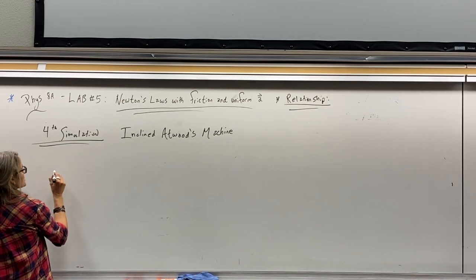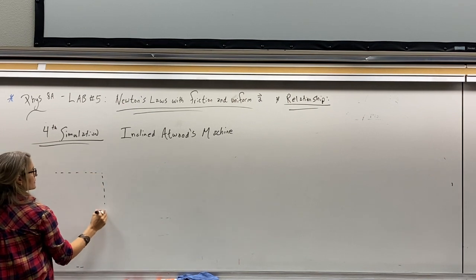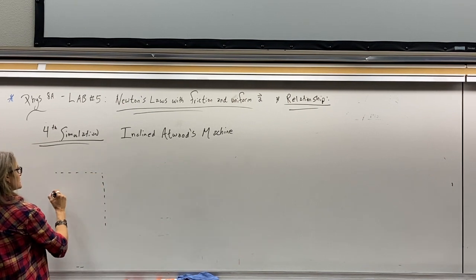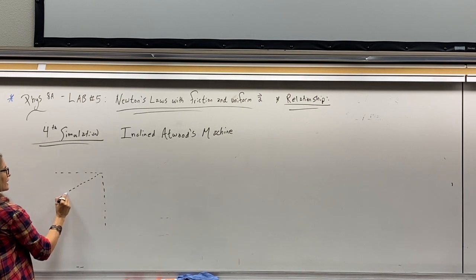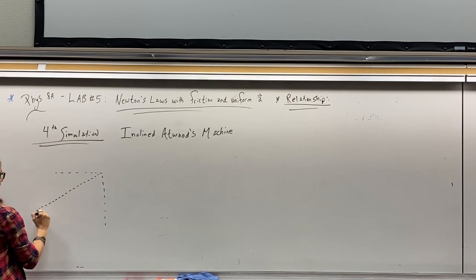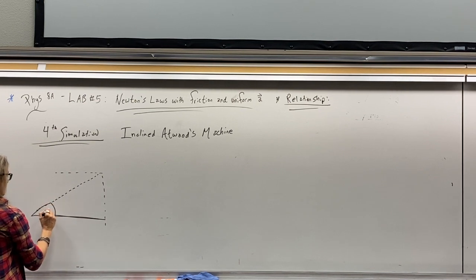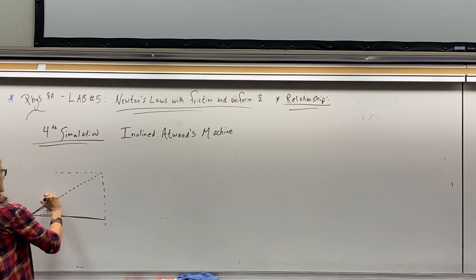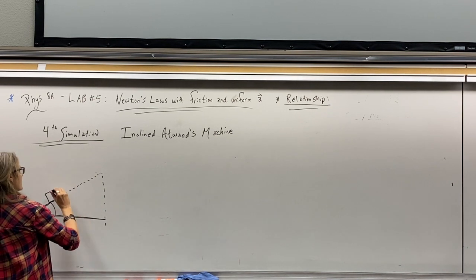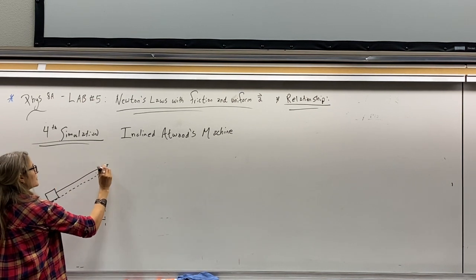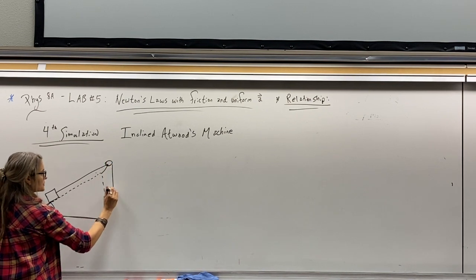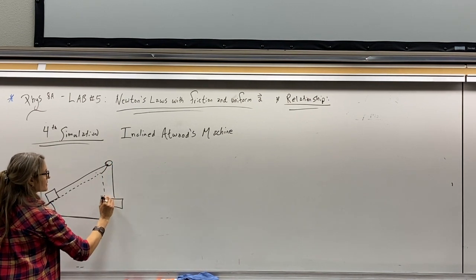So we went from this flat surface, but let's say we go ahead and add an angle in here. All right, let's make things a little more difficult. Let's get a mass here accelerating up an incline by connecting it to another mass that's suspended.